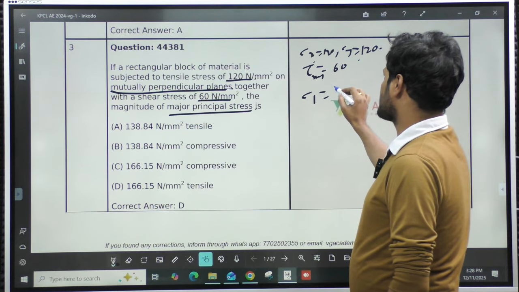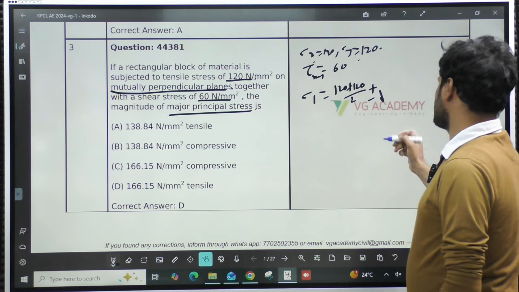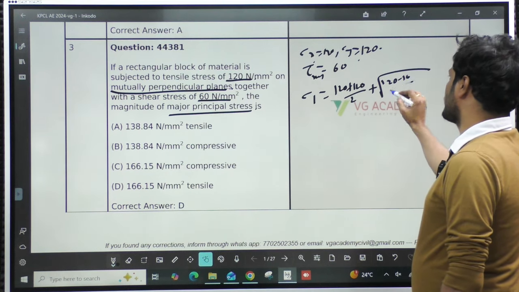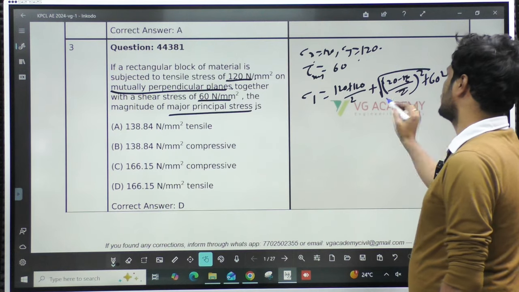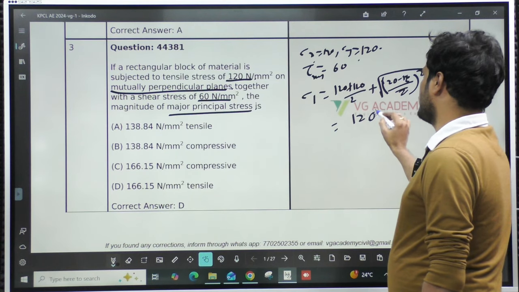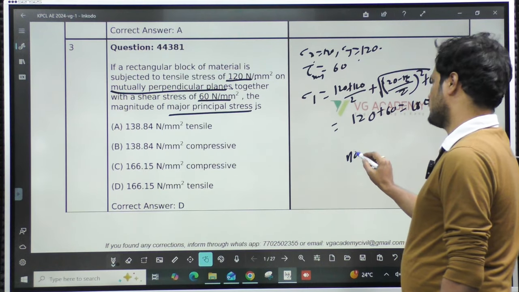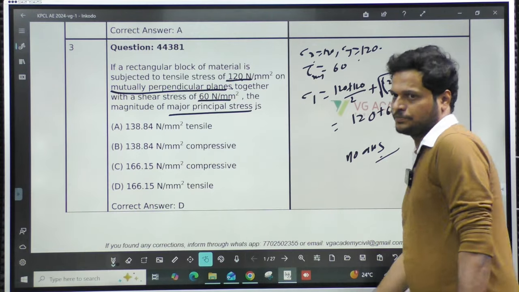So major principal stress will be (120 plus 120) by 2 plus or minus square root of ((120 minus 120) by 2) whole square plus 60 square. So nothing but 120 plus 60, 180. So no answer for this, probably some mistake in the value.